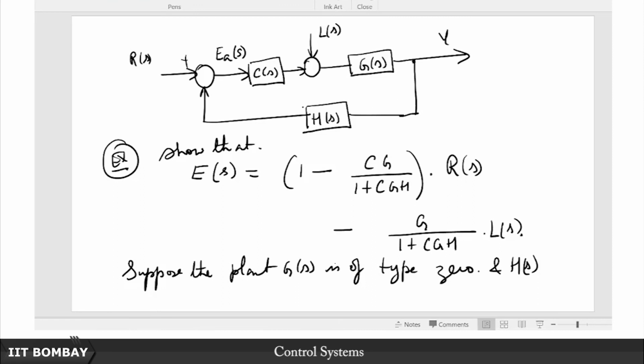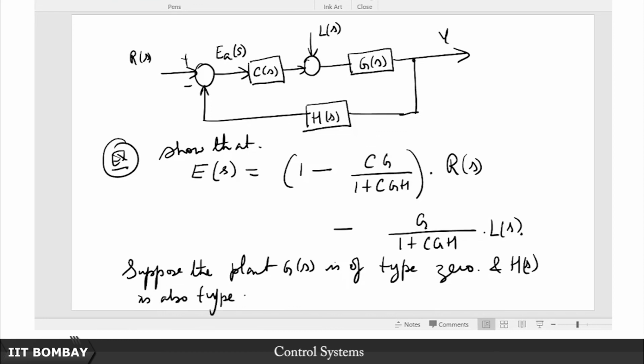So, this is basically maybe some measuring device which is allowing you to measure this Y and then feed it back for comparison purposes, okay, and H(s) is also type 0.